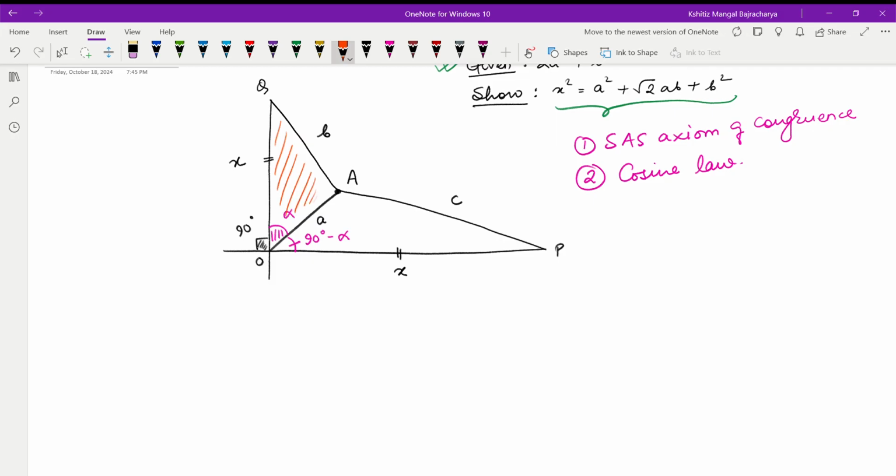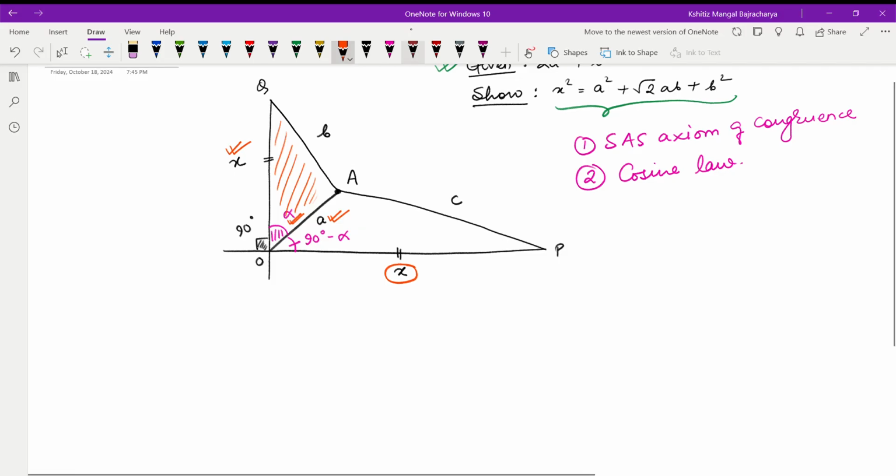To do that, we need an angle alpha, a side of length a, and a side of length x. For the side of length x, we have the line segment OP. Now let me construct an angle alpha.